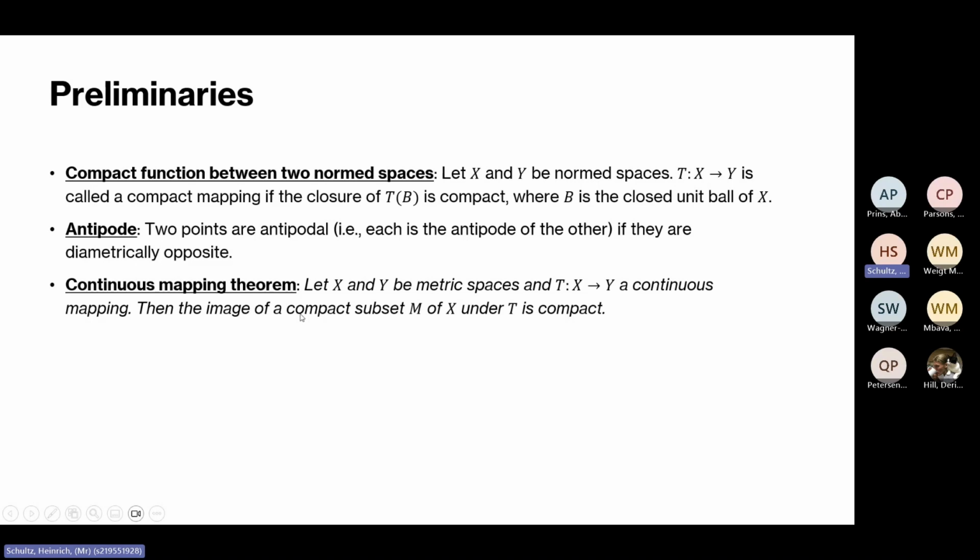And then finally, we have the continuous mapping theorem, which states that if X and Y are metric spaces and T mapping X to Y is a continuous mapping, then the image of a compact subset M of X under T is compact.